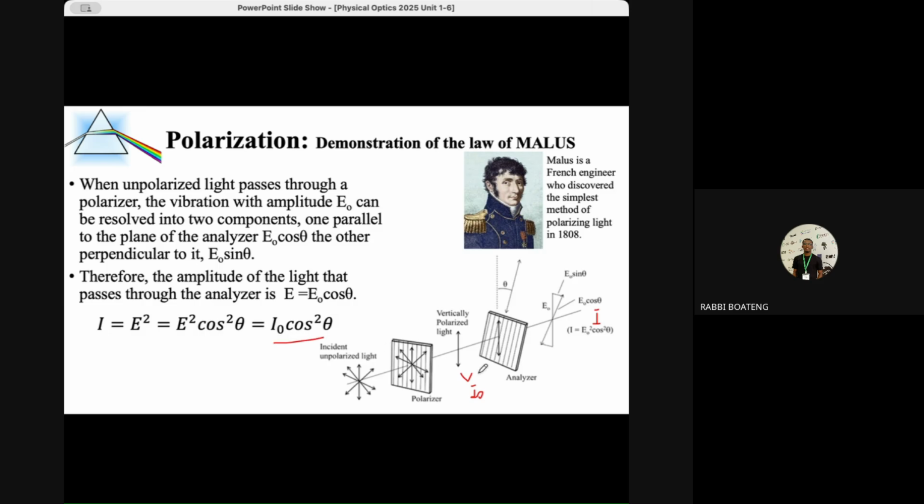Is that okay? So if I know the I naught, and I know the angle that I have moved the polarizer, that is theta, I should be able to find I using this. So I just have to put in the intensity I naught here, bring in the angle that I've moved the polarizer, and I can find the I here.